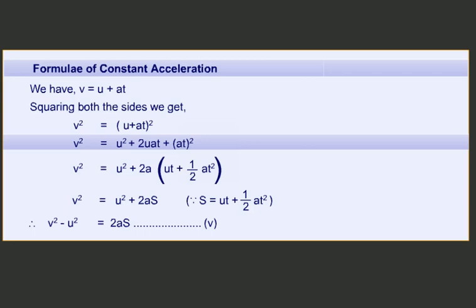So we get v square is equal to u square plus 2uat plus a square t square.